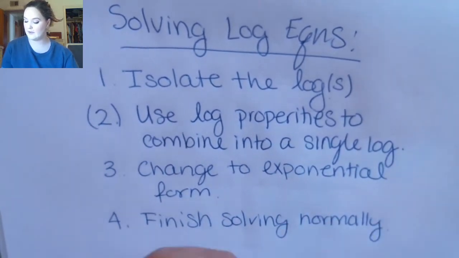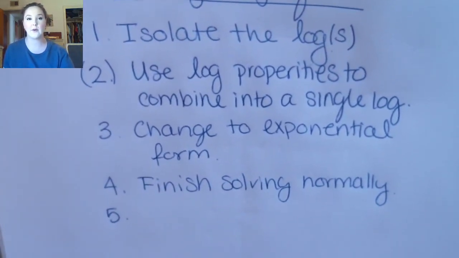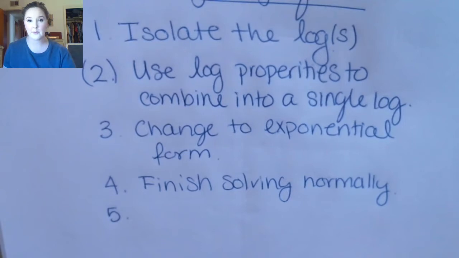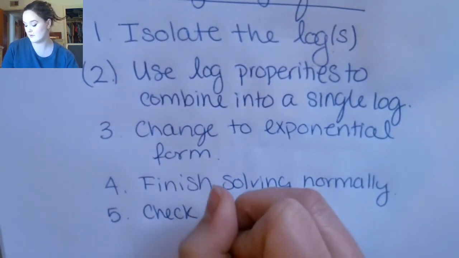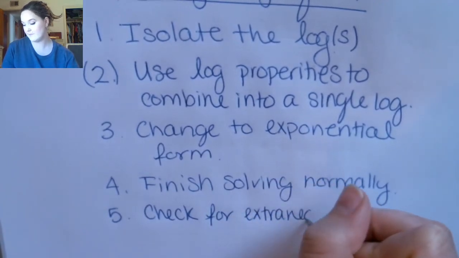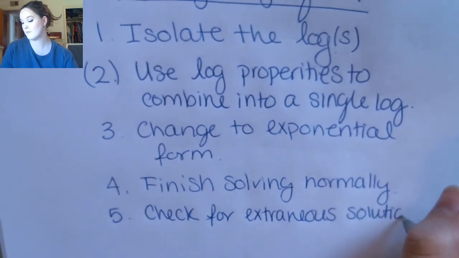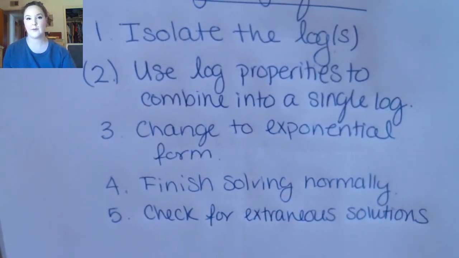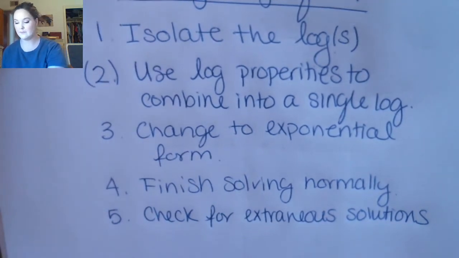And then the very last thing, and this should be familiar to you from when we talked about square root type equations, is you're going to check for extraneous solutions. All right, so let's look at an example.